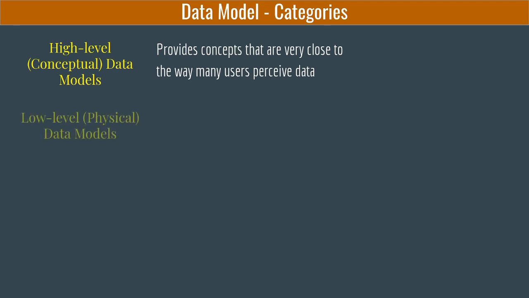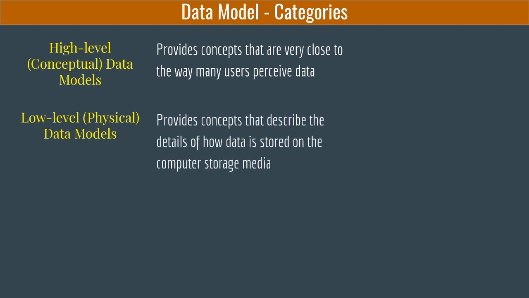The next category of data model is low level or physical data models. This data model provides concepts that describe the details of how data is stored on the computer storage media. So this is somewhat in detail. Lower level means we are getting deep into the model.